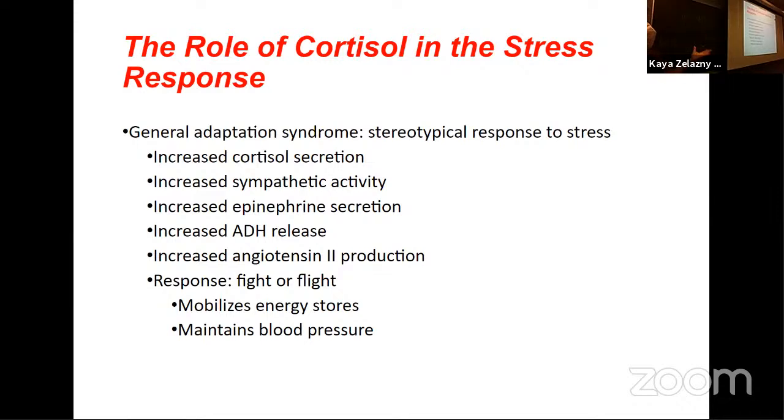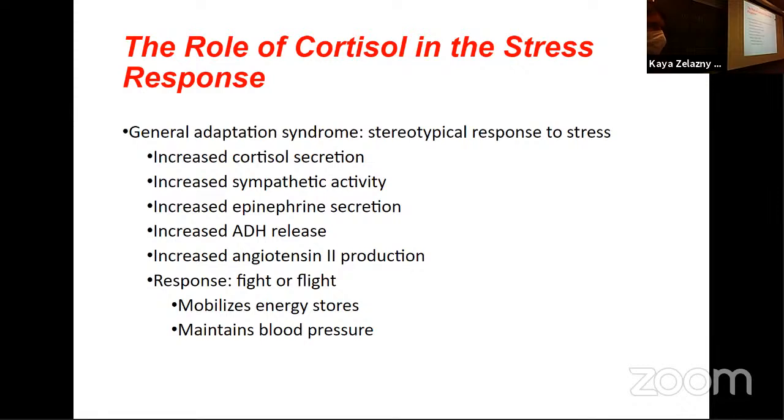So third bullet point, epinephrine, also coming from the adrenal gland, right? Just the inside, from those chromaffin cells. We also release a couple of hormones. So we release ADH and angiotensin 2, and we'll talk about their functions in future units more. But in general, we have this fight or flight response that is responsible for preparing us to do something.